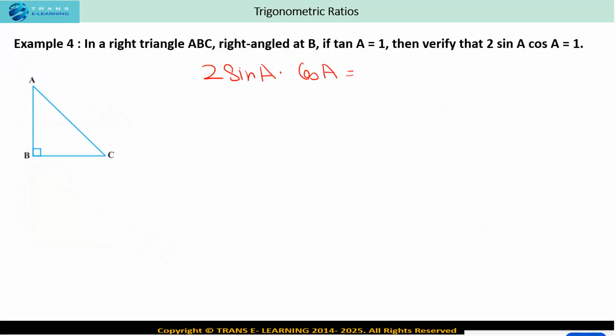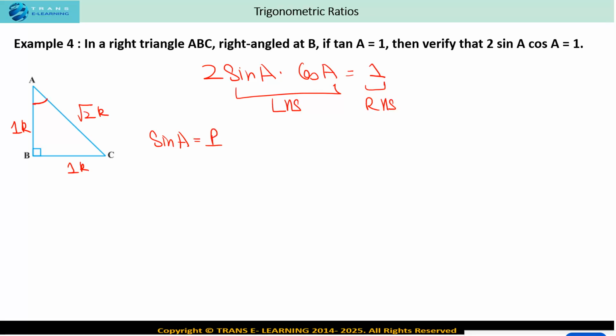2 sine A into cos A equals to 1. This is your left hand side and this is your right hand side. So finding the values, first of all we have to find the value of sine A. Now let us see what value we got. This was root 2k, this is 1k, and this is 1k. So sine A is perpendicular upon hypotenuse.